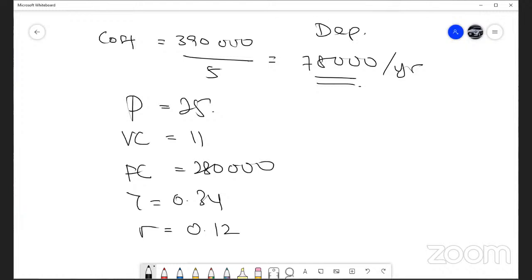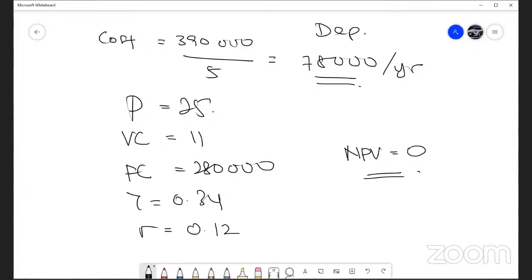Okay, what is the financial break-even point of the project? So you want to see how many quantity you are selling which is equivalent to NPV equals 0. Break even means NPV equals 0.